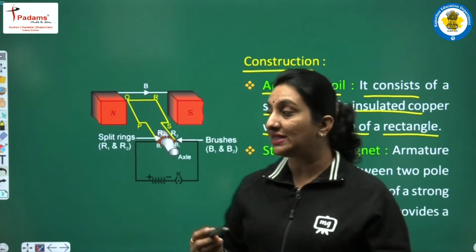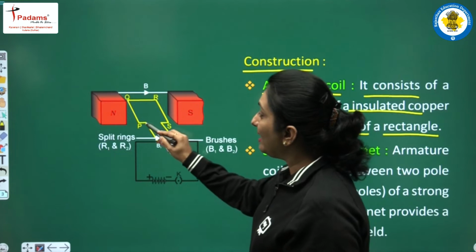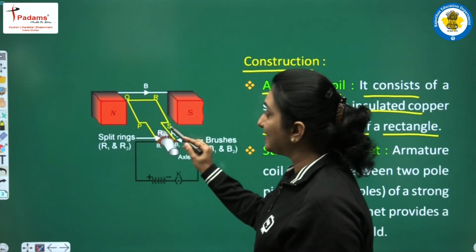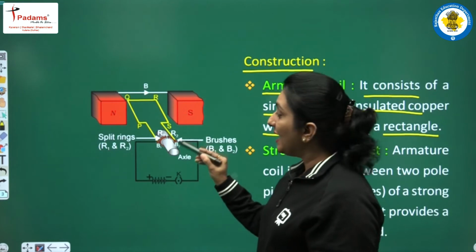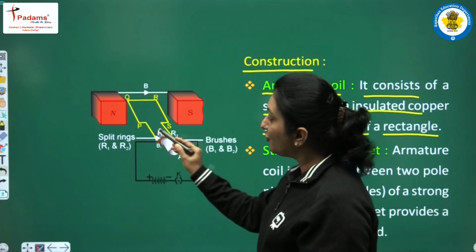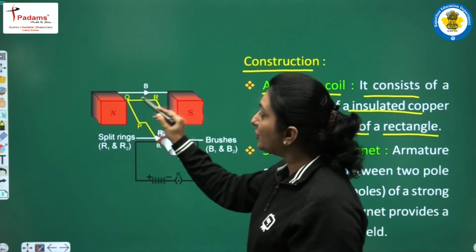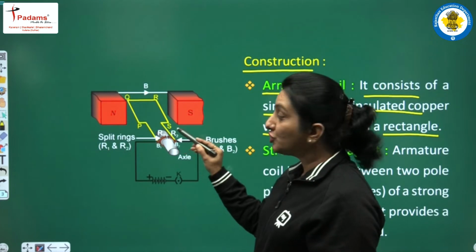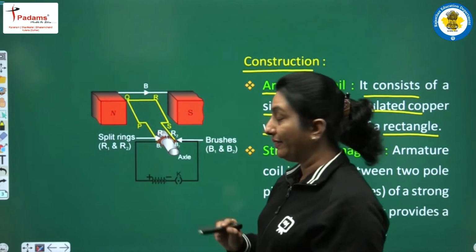Now here students, I have shown the figure, and here you can see that there is a coil PQRS which is made up of copper which is insulated, and this coil is known as the armature coil. Here you can see this yellow colored armature coil, students. This is P, Q, R and S. So this is a coil which is named as armature coil.